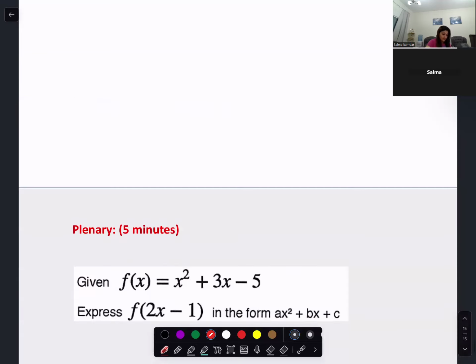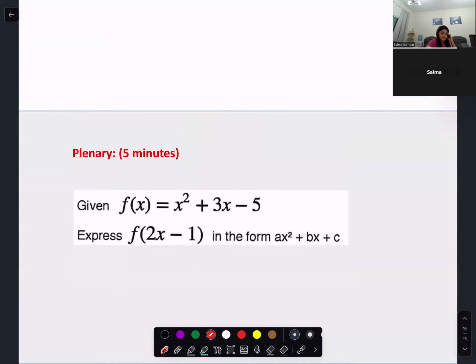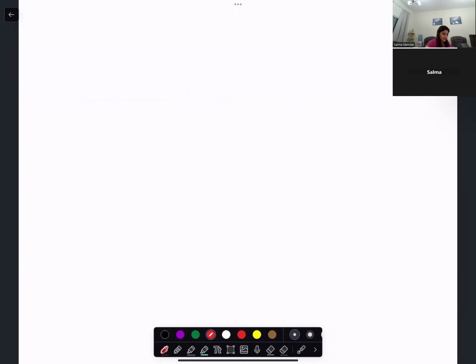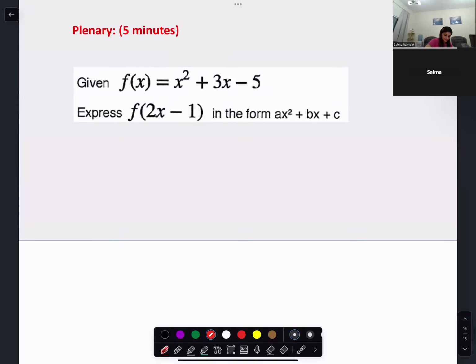Now this is your final check. A hard sum, not very hard, but a little hard. You're given f of x is x squared plus 3x minus 5. They want you to express f of 2x minus 1 in the form of ax squared plus bx plus c.